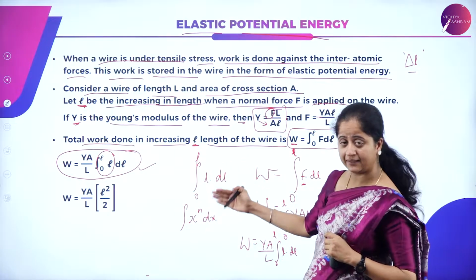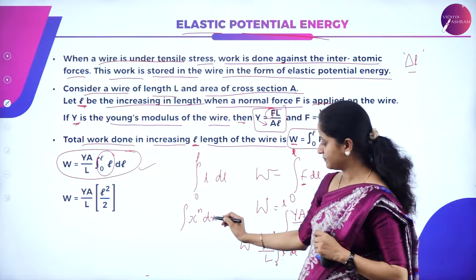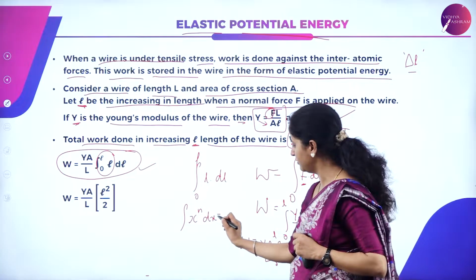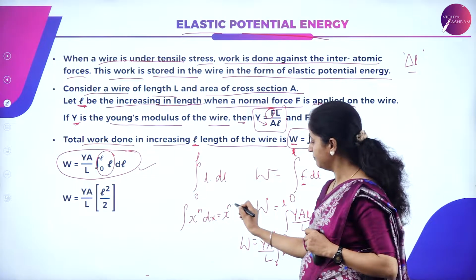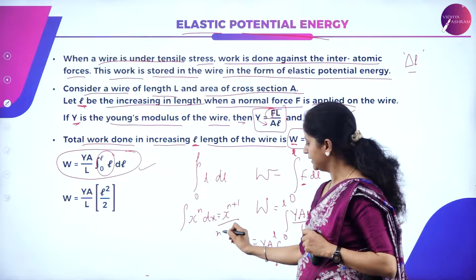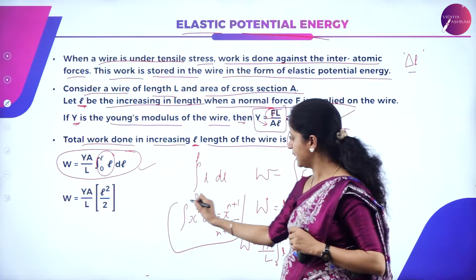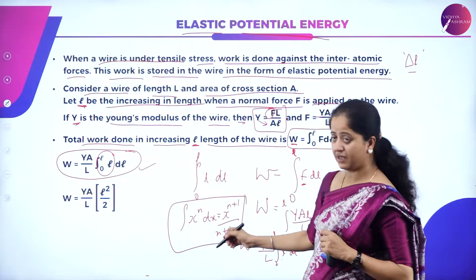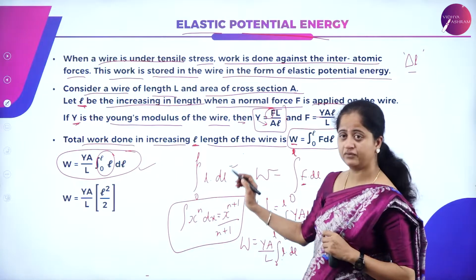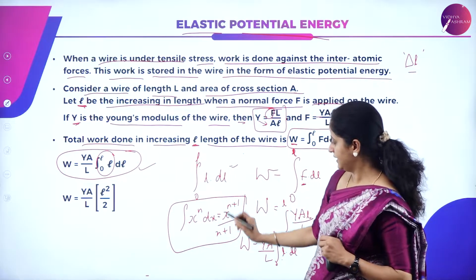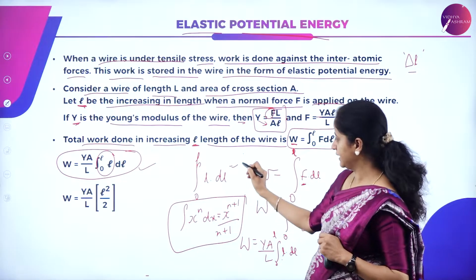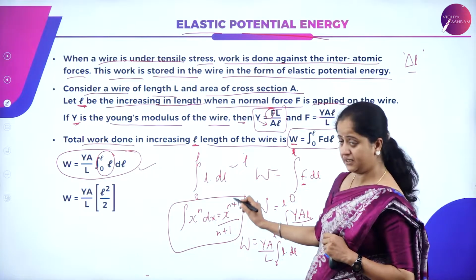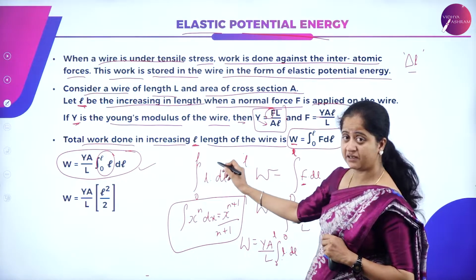Both are alike, correct? So now integral of x power n dx is given by the formula x to the power n plus 1 divided by n plus 1. So this is the standard formula. So in this way, if we integrate this, what do we get? See here, in the place of x I have to write L, in the place of n I have nothing here, which means I have power 1.